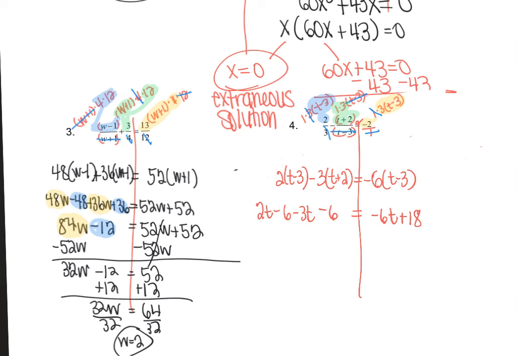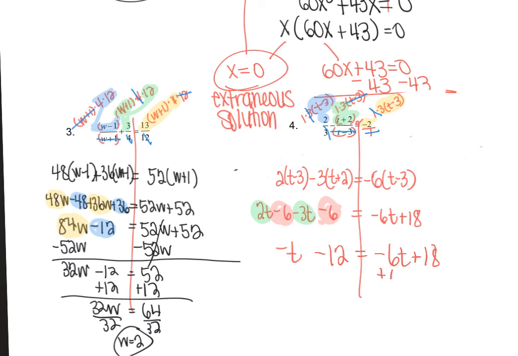Watch your signs with all this because signs can get you. Negative t, because I have 2t minus 3t, and I'm just combining here. And then I have negative 6 and another negative 6, so I have minus 12 equals negative 6t plus 18.